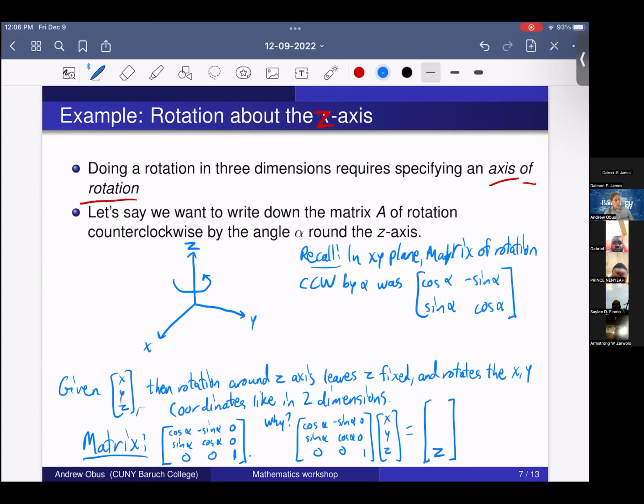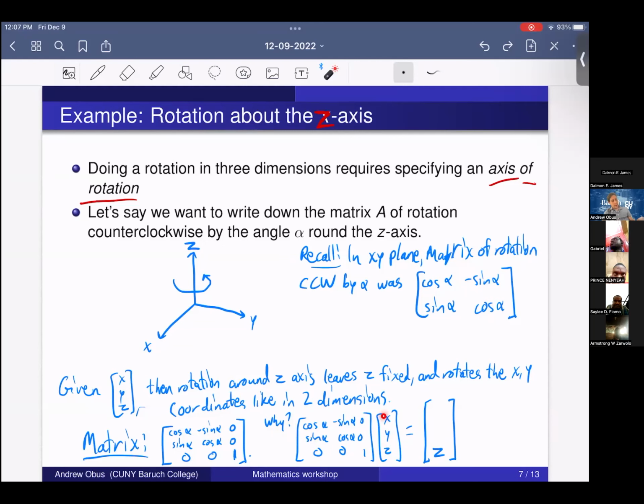Okay. What about the other things? Well, to get my other 2 entries here, the top entry is going to be what? Cosine alpha times x plus minus sine alpha times y, which is the exact same thing I get for the top coordinate when I apply the 2-dimensional version. And ditto, what am I going to get for the middle one?